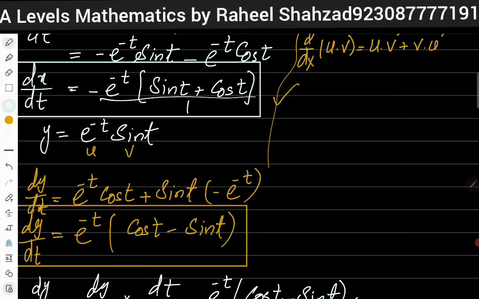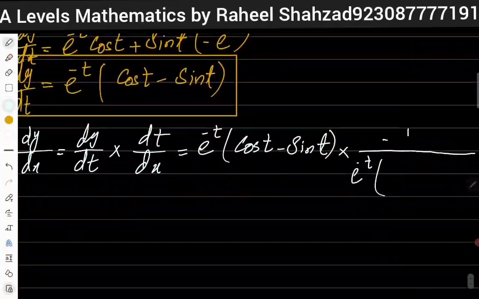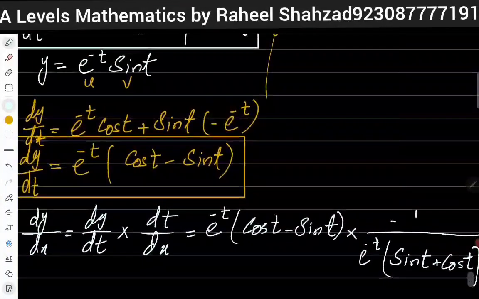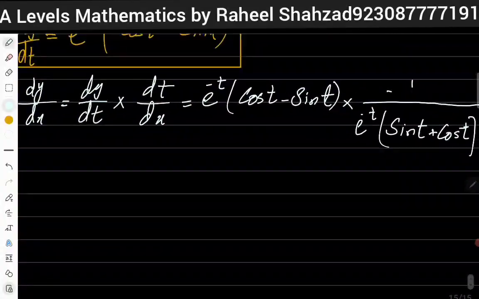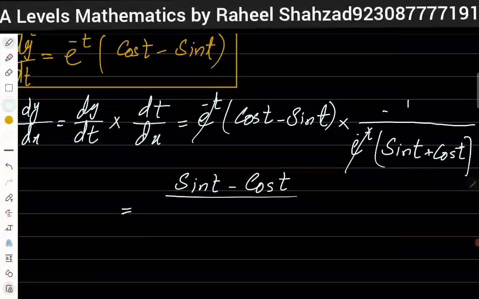So 1 divided by e power minus t into (sin t plus cos t). Okay, so you can cancel it out, and what remains is (sin t minus cos t) divided by (sin t plus cos t).